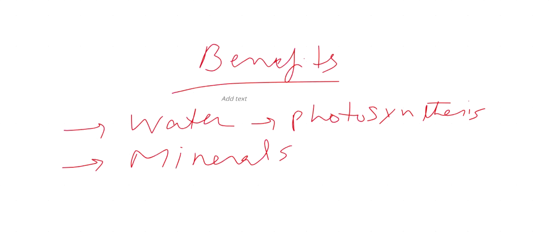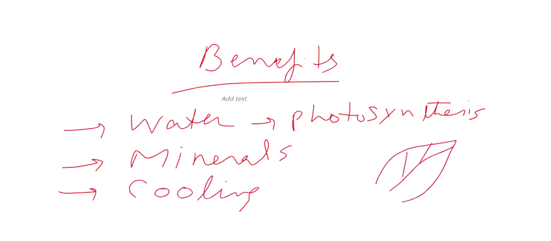Third one, the cooling effect. How does this cooling effect occur? Dear students, as you know, the leaves are exposed to sunlight. When sunlight falls on the surface of the leaf, the temperature of the leaf increases, and when the water in the leaf evaporates, it absorbs the heat energy of the leaf and converts it into vapors, which evaporate and diffuse out.